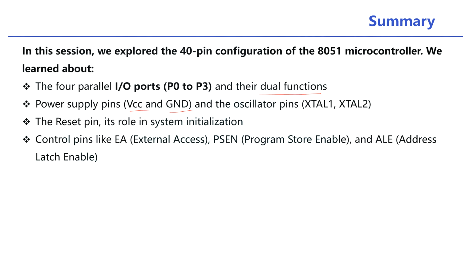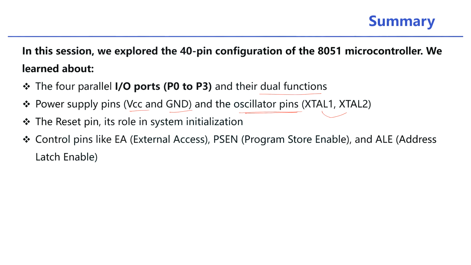VCC required for the 8051 is 5 volts, and the ground pin is 0 volts. There are two different types of clock input we can provide to the 8051 through the two pins XTAL1 and XTAL2: one is a quartz crystal oscillator, another is any other oscillator. Normally we prefer only a quartz crystal oscillator.